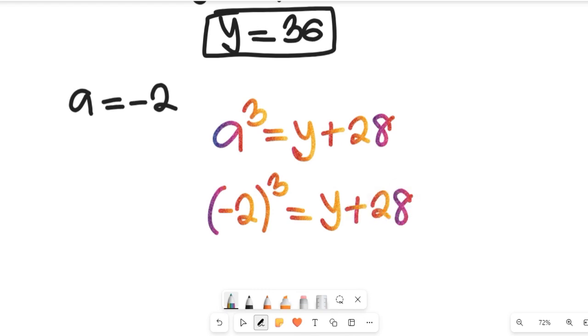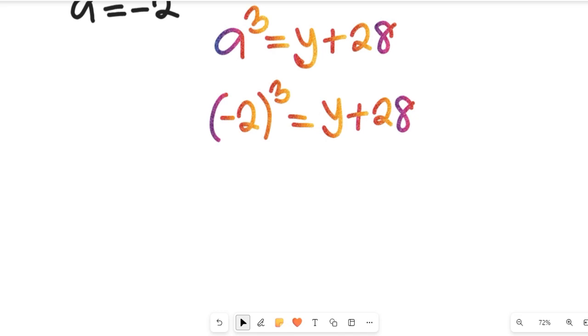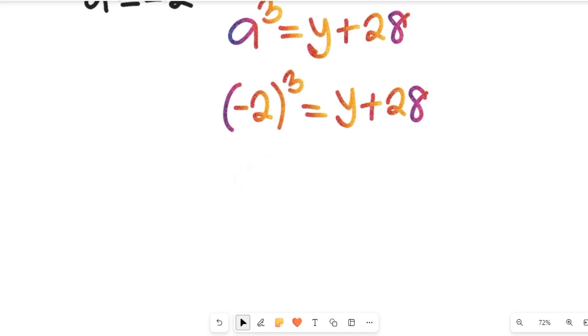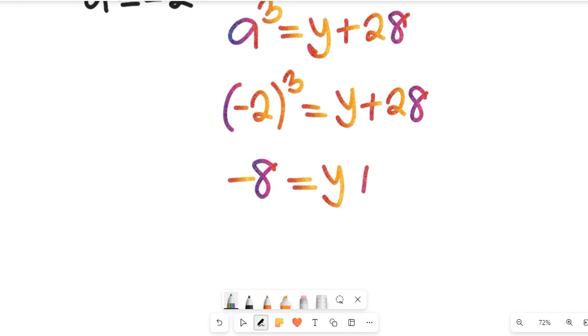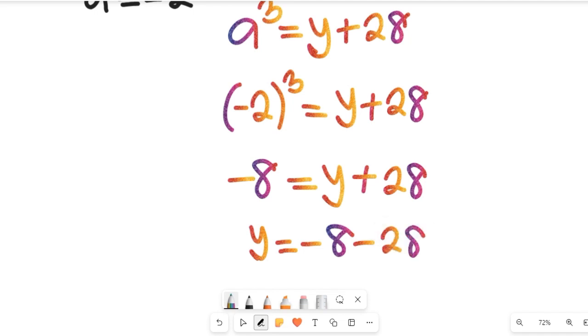So negative 2 to the power of 3 is going to give us negative 8, and this will be equal to y plus 28. So y will be equal to negative 8 minus 28, right?